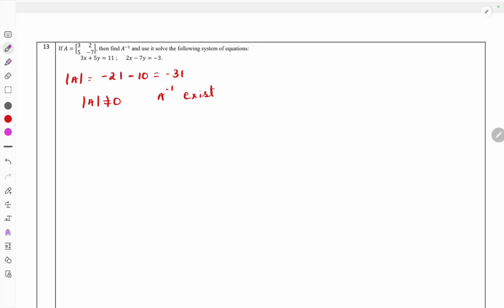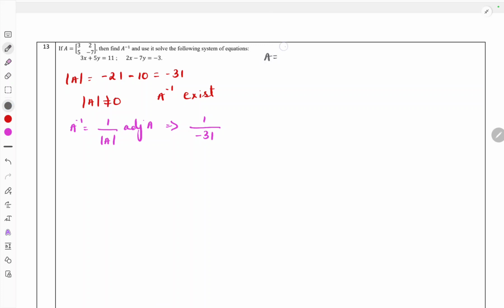So we have to find A inverse. A inverse is nothing but 1 by determinant of A into adjoint of A. So here it will be equal to 1 by determinant of A, which is minus 31. Finding adjoint of A for a 2 cross 2 matrix is very easy.